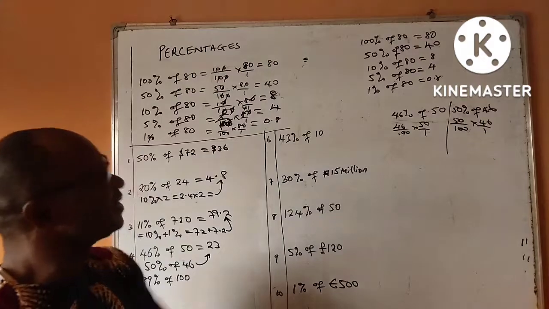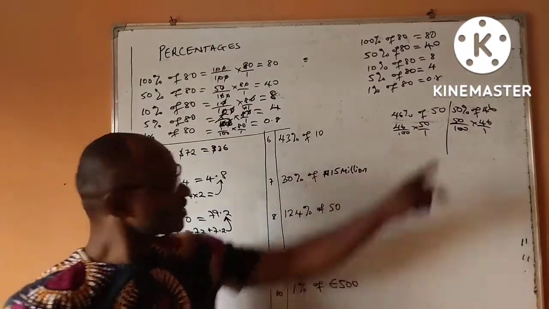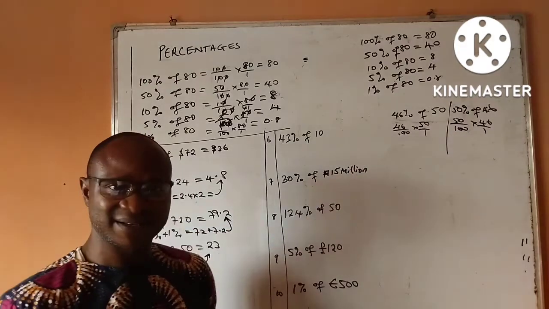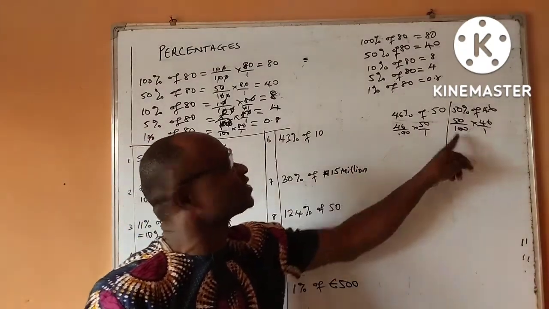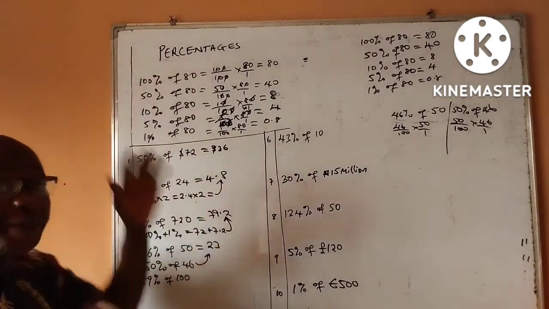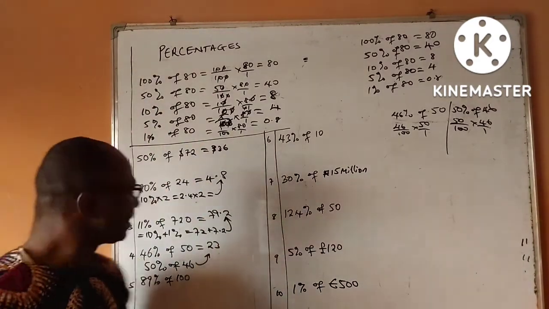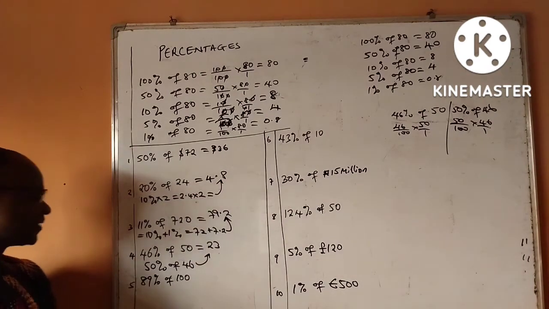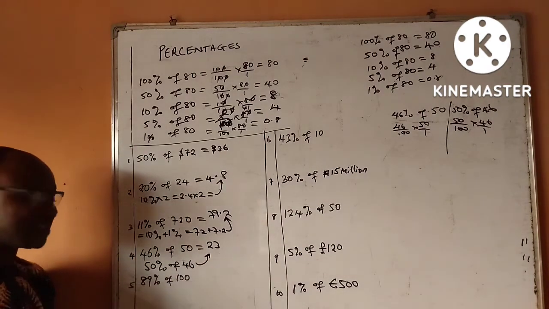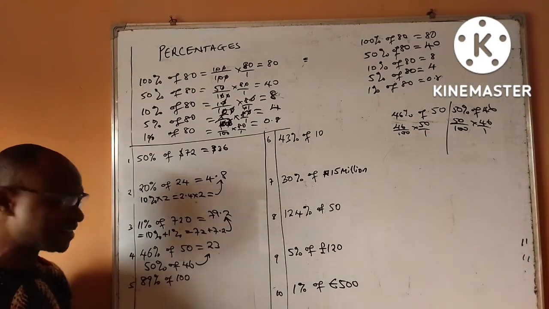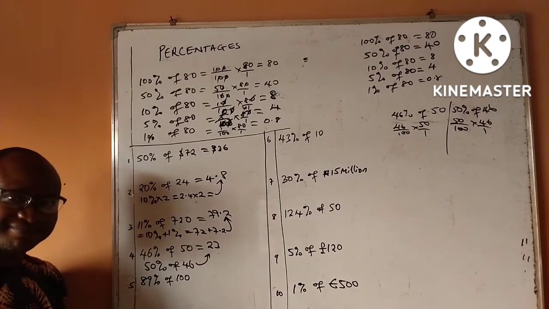Now watch out. 46 times 50 over 100 is equal to 50 times 46 over 100. Therefore, since I know that 50% of any number is half of that number, and I am given 46% of 50, I just switch it. That becomes 50% of 46. So I just go ahead to get the half of 46, which is 23.